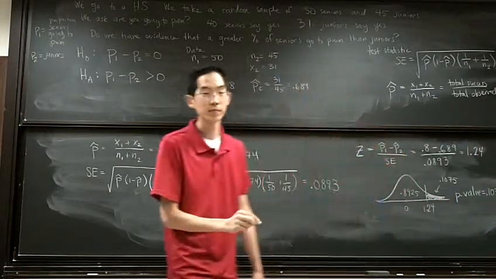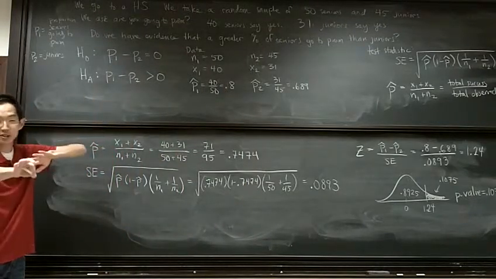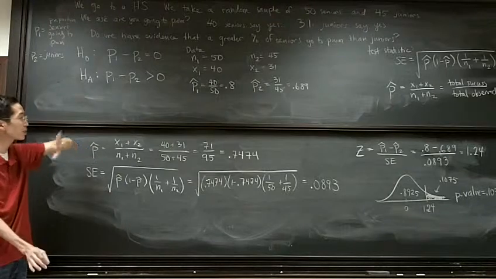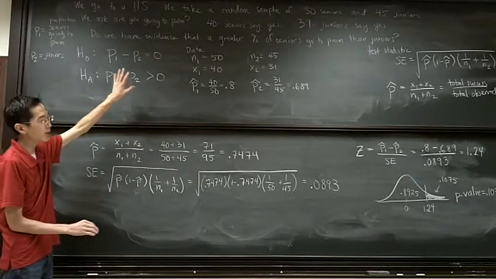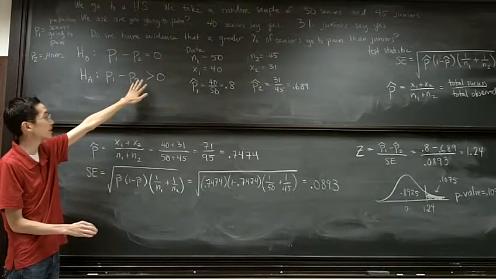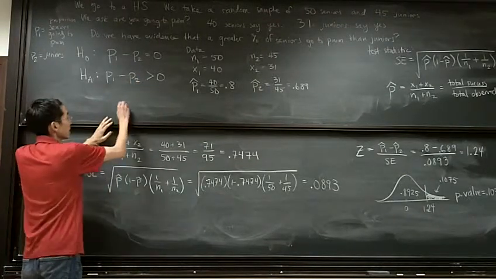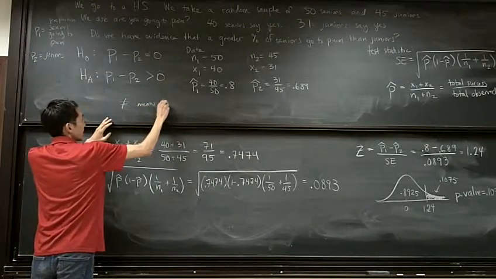Can you say it again? For the doubling thing. Okay, so it should already be in your notes, but I'll say it again. Whether we double or not depends on my alternative hypothesis. If this has a not equal sign, double the tail.